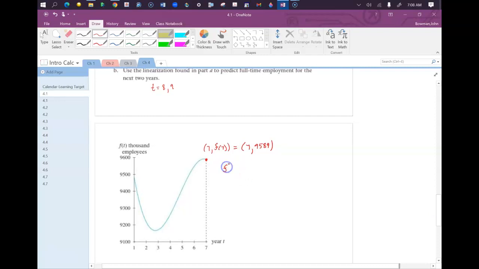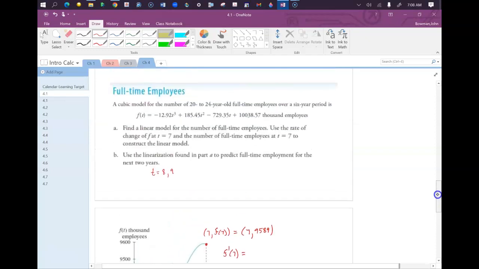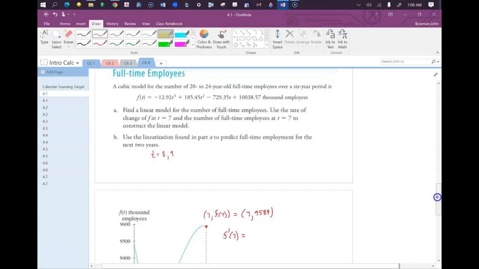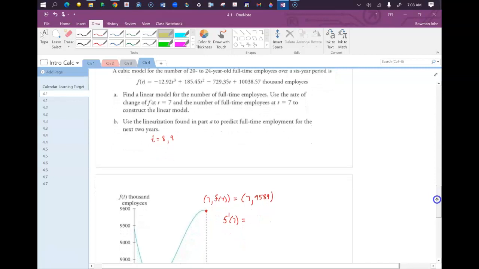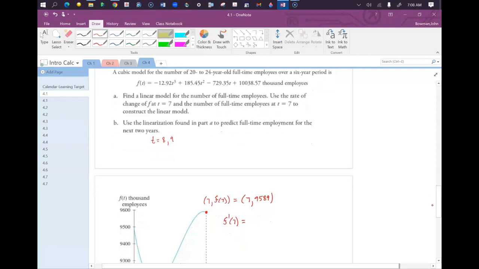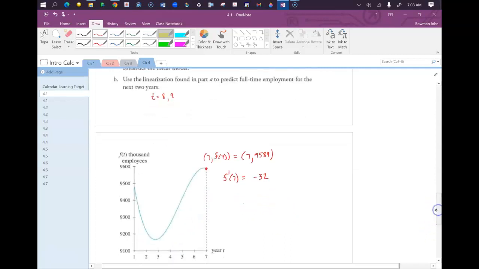I did round off to the nearest whole number. F prime of 7, you can find that derivative using the power rule. I'm going to suggest you pause right now, find that derivative, and then evaluate that derivative at 7. That turns out to be approximately negative 32, and that would be in thousands of employees per year.